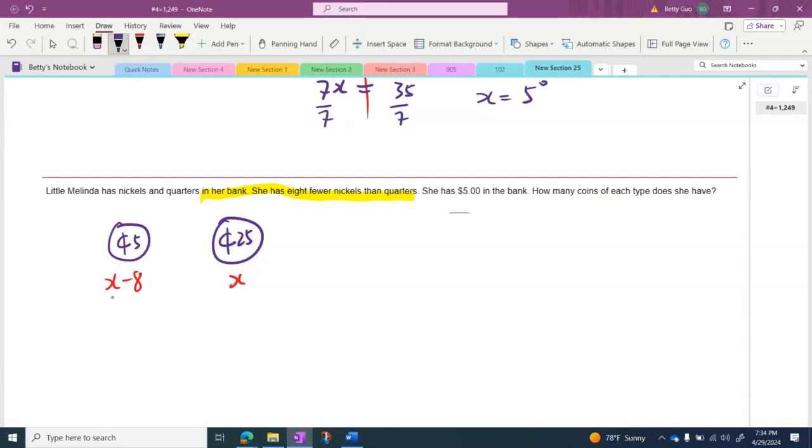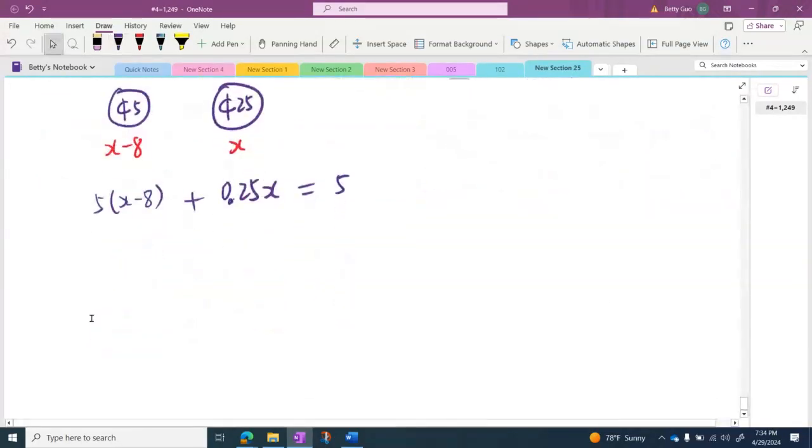Then since she has x quarters, that's going to be 0.25x dollars. And x minus 8 nickels, that's going to be 5 times x minus 8 dollars. And added together, she has $5. So that's how we set up the equation. Then let's solve it.